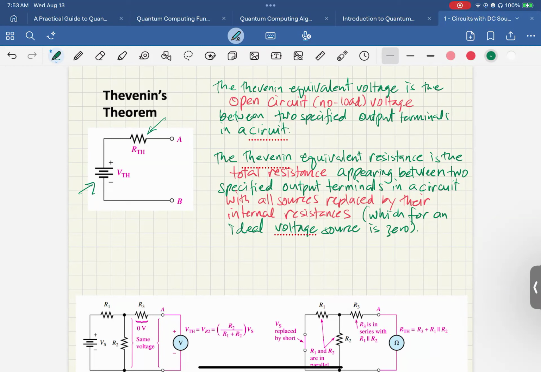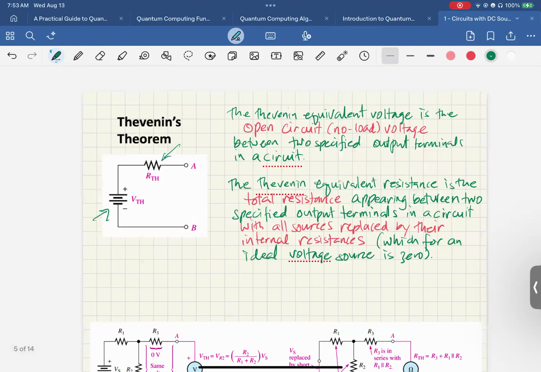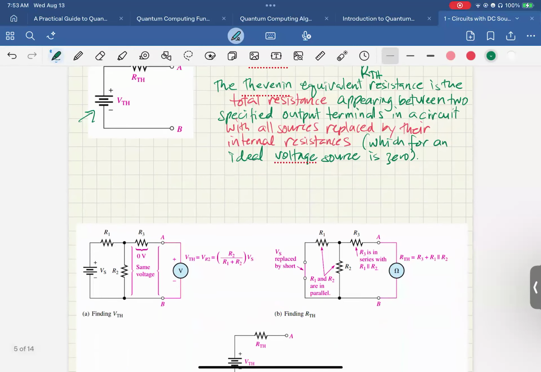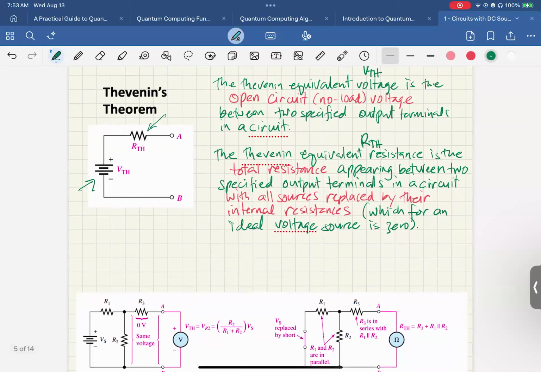So itong definitions na to, for the Thevenin equivalent voltage and yung Thevenin equivalent resistance, tells us how to solve for them. Okay. Of course, yung Thevenin equivalent voltage, we call that VTH, and yung Thevenin equivalent resistance is RTH. Okay. So ito yung tatandaan ninyo.